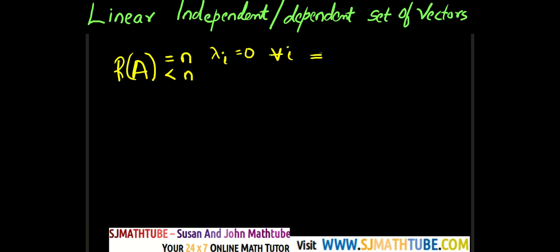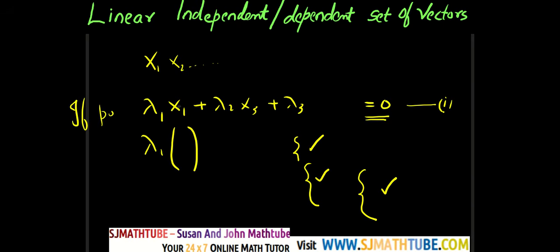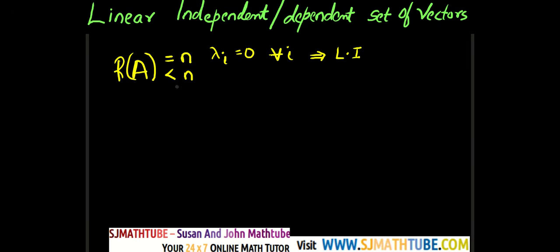And that implies linear independence, because lambda 1, lambda 2, lambda 3 equal to 0 implies such a relation does not exist. And if the rank of A is less than n, that means a few or all the lambdas are not equal to 0. And which implies they are dependent, because there is some sort of connection between the vectors.